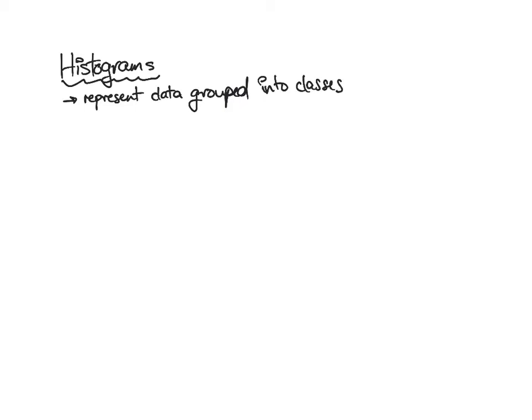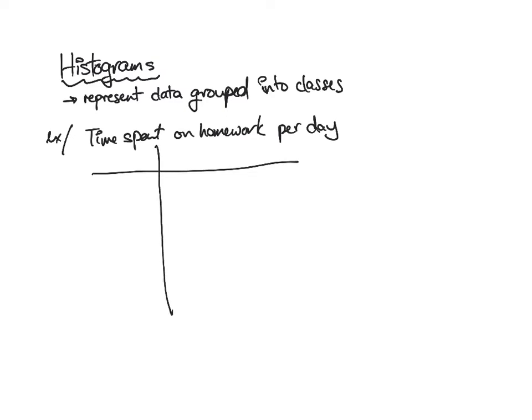So for example, if we had a frequency table about time spent on homework per day, this is time in minutes and frequency.